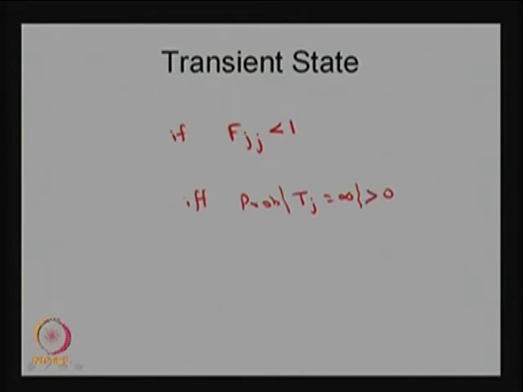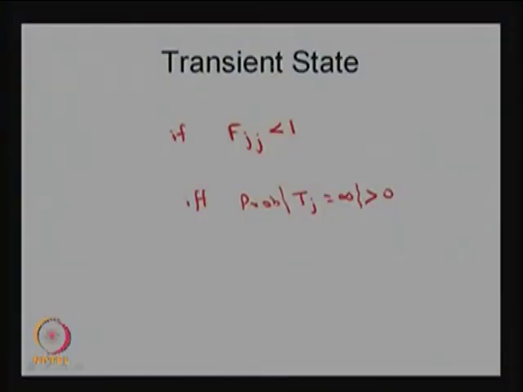That is, the probability that the first passage return time is infinity is greater than 0. That means there is a positive probability that the system takes an infinite amount of time to return to the state j. If that event has positive probability, then that state is going to be the transient state. So, there are two ways you can conclude the given state is transient: either f j j is less than 1 or the probability of T j equal to infinity is greater than 0.